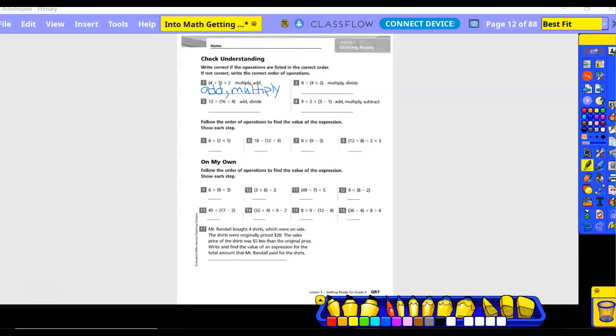Okay, the next one, 8 divided by parentheses 4 times 2. So what do I do first on this one? Multiply, right? Because it's in parentheses, and then I would take 8 divided by 8, right? So is that correct, or would we need to change the order? It's correct, so I'm going to write correct.